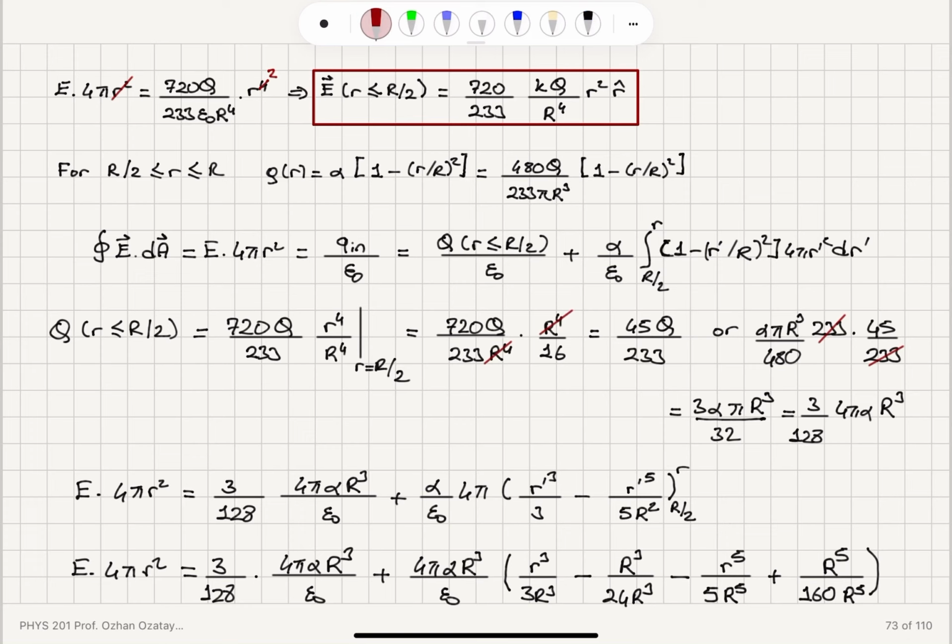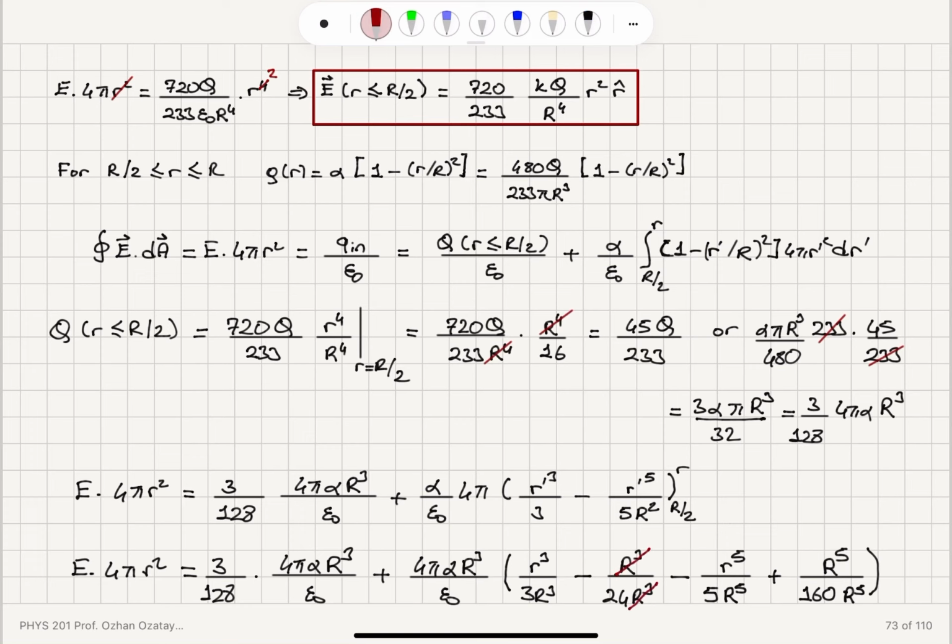Now you can see that this capital R cube in this term and this term will cancel out, and then capital R to the fifth power in this term will cancel out with the bottom expression.